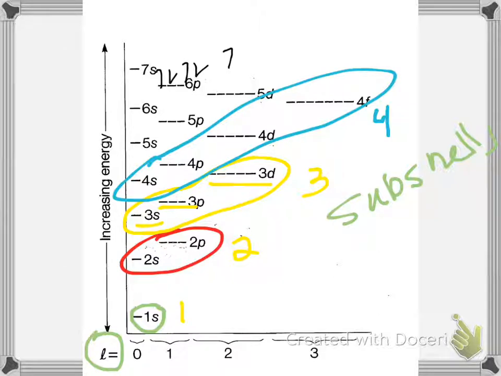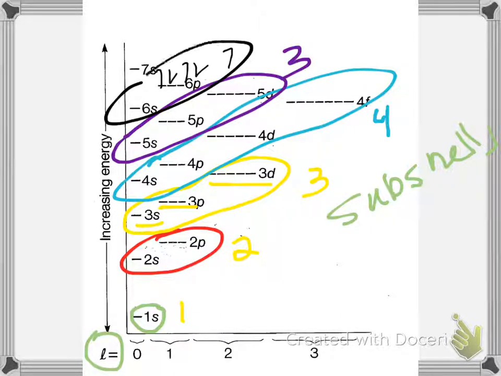The 5, in our case, we don't go above 6p. There is a 5f, of course, but we don't need it here. So I'm running out of color. The 5 energy level has 3 in it, and the 6 energy level in this case is going to have just 2 that are filled.